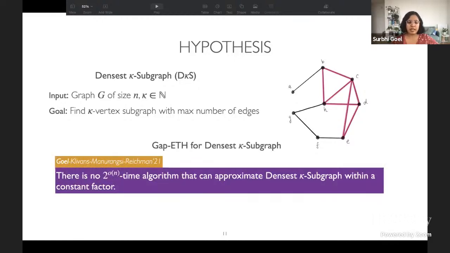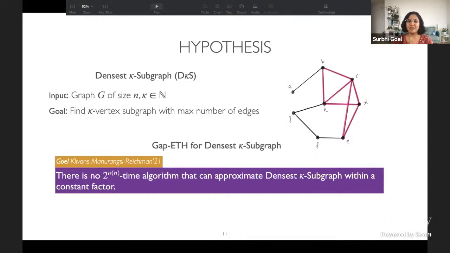And so we define this notion of gap ETH for this densest kappa subgraph problem. We assume that there is no 2^(o(n)) time, sub-exponential time algorithm that can approximate this densest kappa subgraph within a constant factor. So this is the assumption that we make.